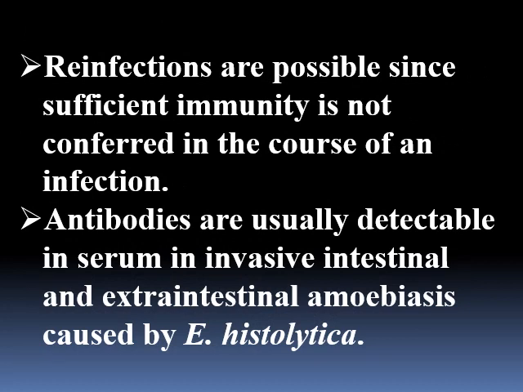Reinfection is possible since sufficient immunity is not conferred in the course of infection. Antibodies are usually detectable in serum in invasive intestinal and extra-intestinal amoebiasis caused by Entamoeba histolytica.